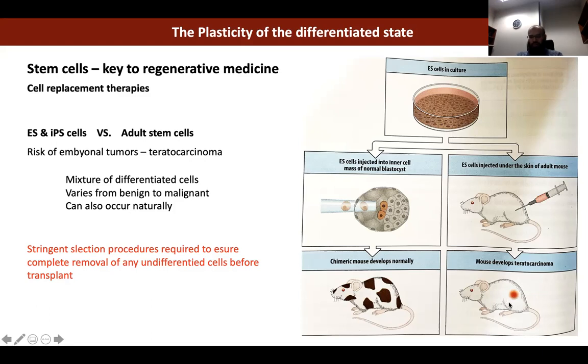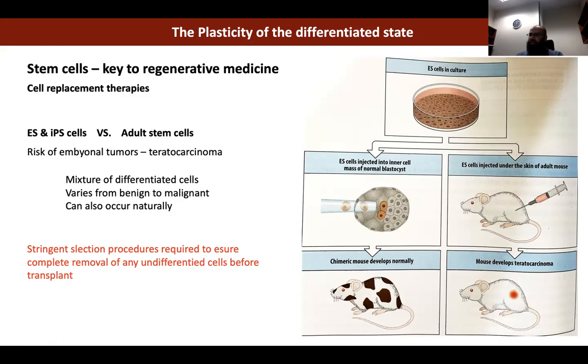So it's quite dangerous to use embryonic stem cells. Of course, you do not normally inject the embryonic stem cells directly. First you induce differentiation into a particular cell type, and then you use that cell type of a particular tissue for therapeutic purposes.